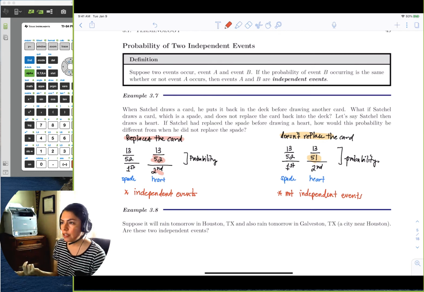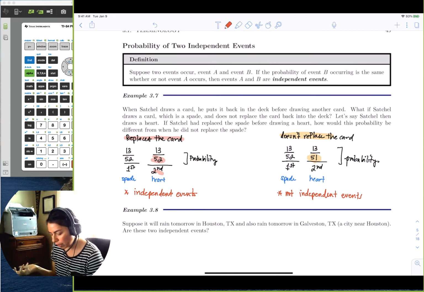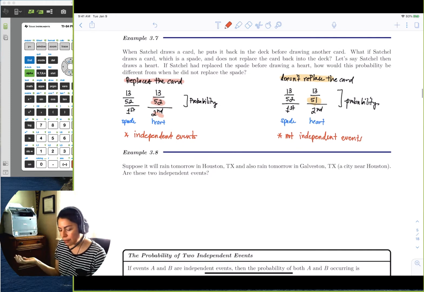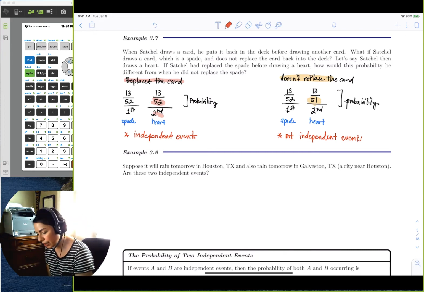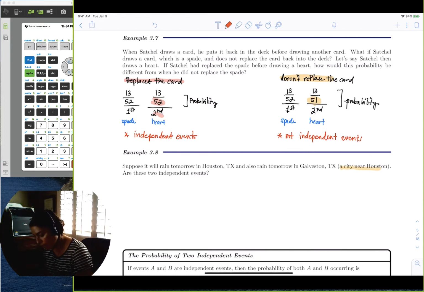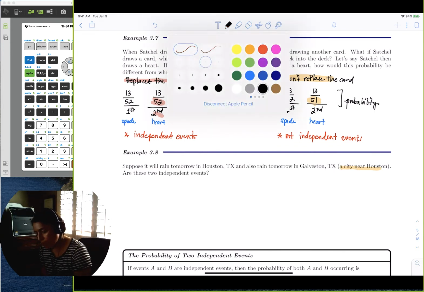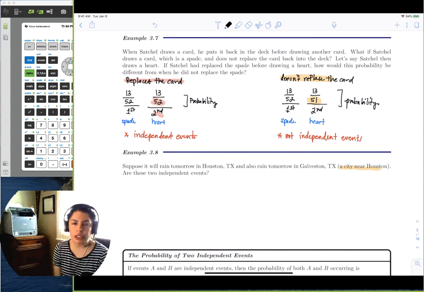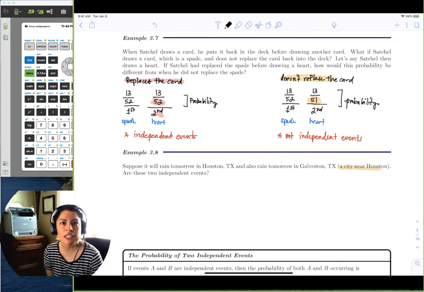But let's think of this in a little bit more applicable sense. Let's talk about rain. Suppose it will rain in Houston, Texas, and also rain tomorrow in Galveston, Texas, a city near Houston. Are these two independent events? This example is sometimes challenging for students because they say, yeah, they're different cities, done.